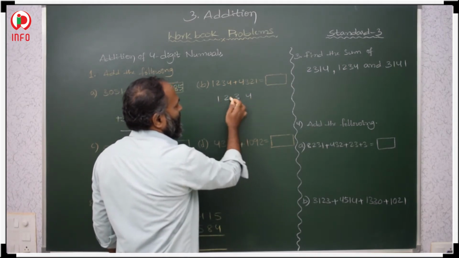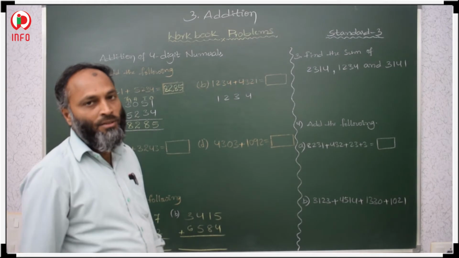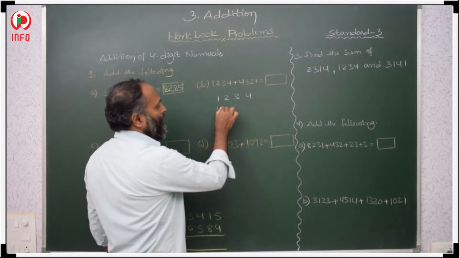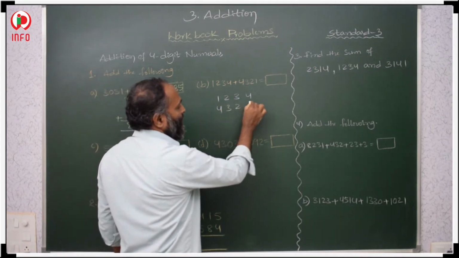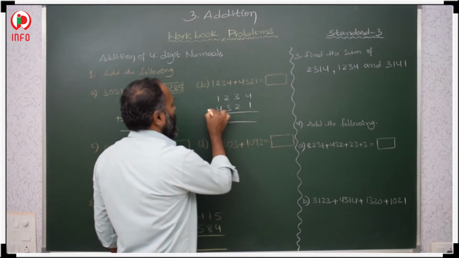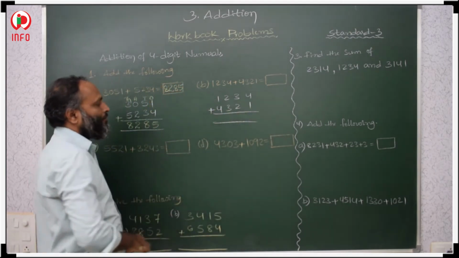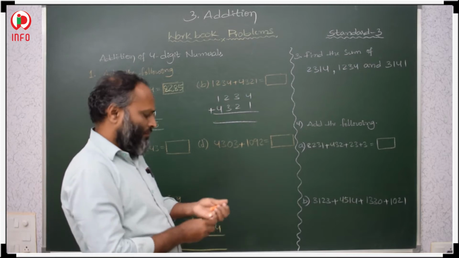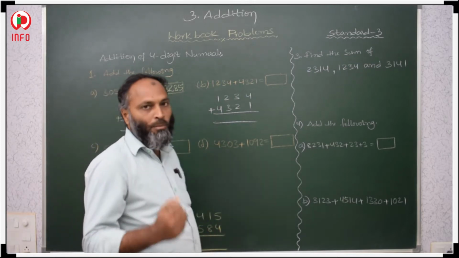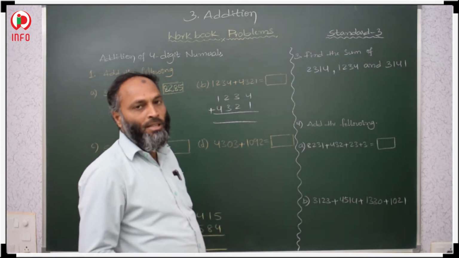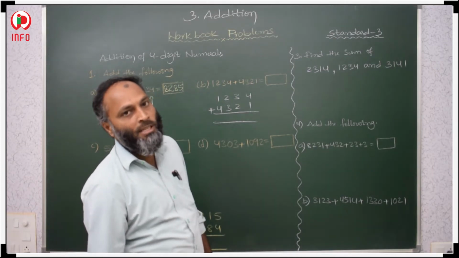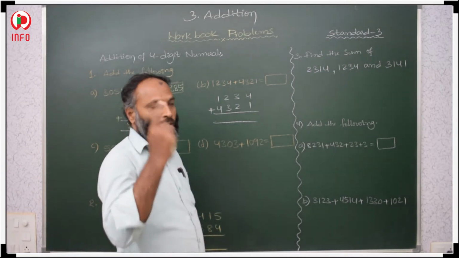1234. It gives some gap, so it is easy to calculate. Then 4321. Now you add. 4 plus 1 is 5.